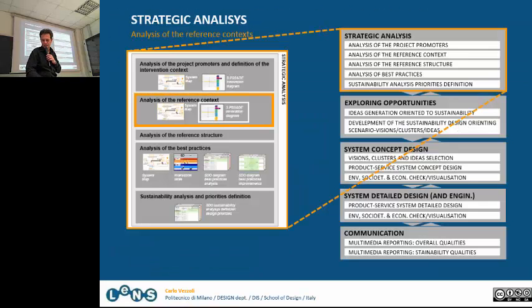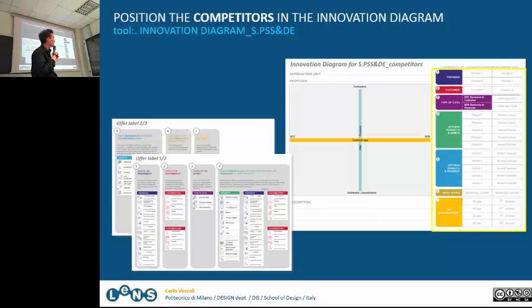Then another thing that could be done is the analysis of the referent context, so for example of the competitors. And we can use the same tools. You see there is the innovation diagram for competitors. The first one was for the existing offer. Again here we position one or two or some of our competitors.